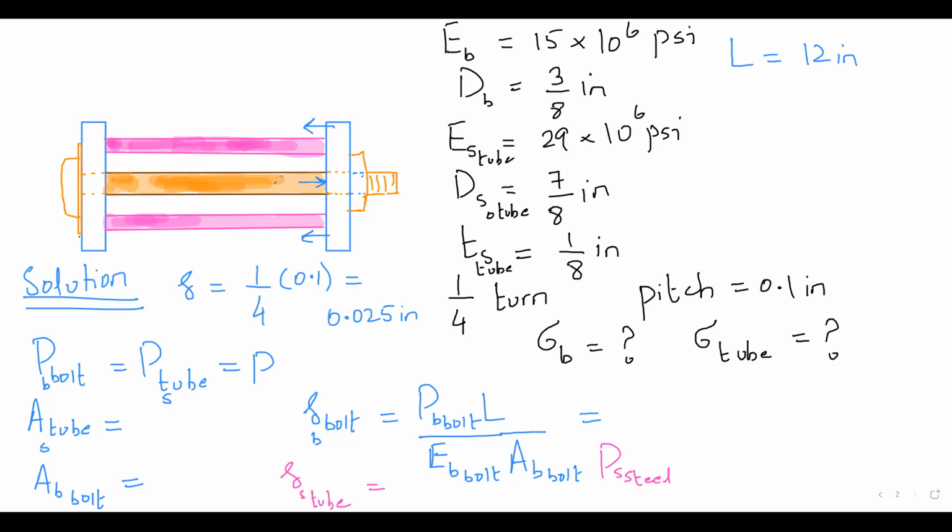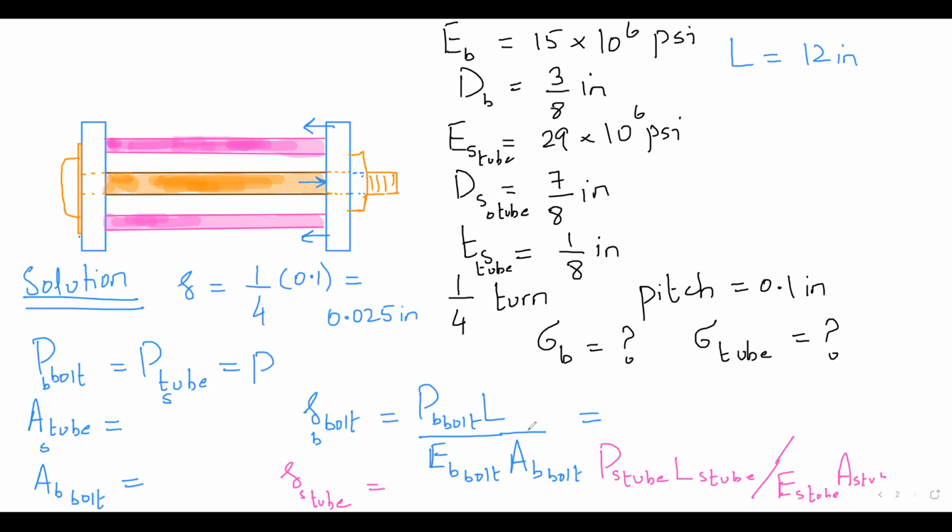And this is steel tube. So we have delta S tube equal to L S tube over E S tube, A S tube, PL over EA.